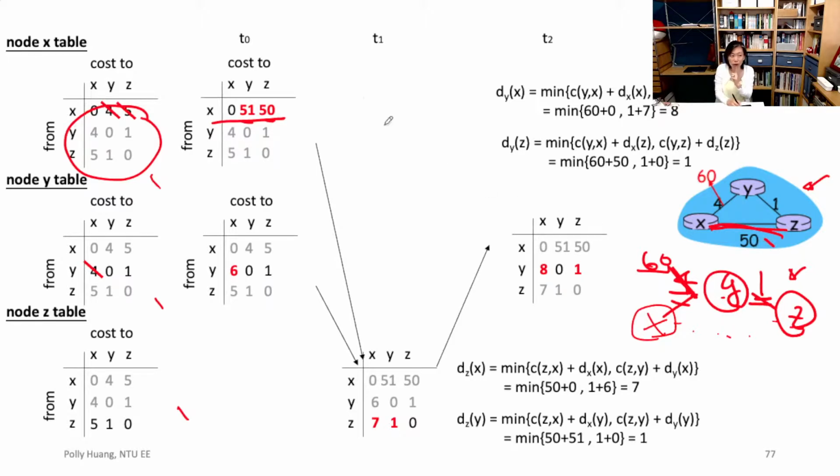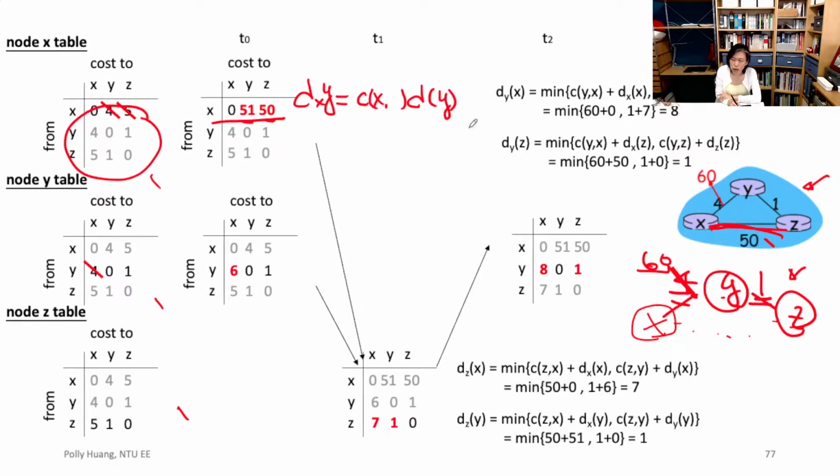So why don't we calculate this ourselves at once? So dxy will be the minimum over x to first neighbor and then from the neighbor to the destination.